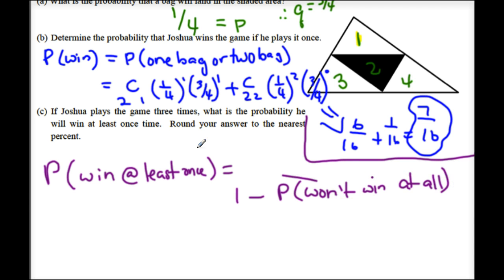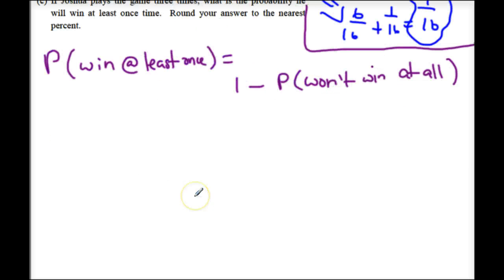That's the complement. So now we need to find the probability that he won't win at all.